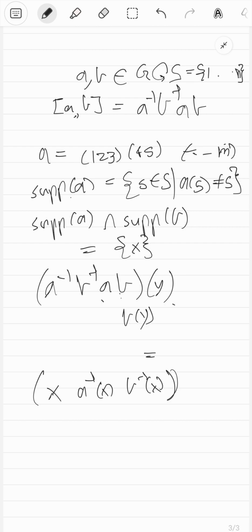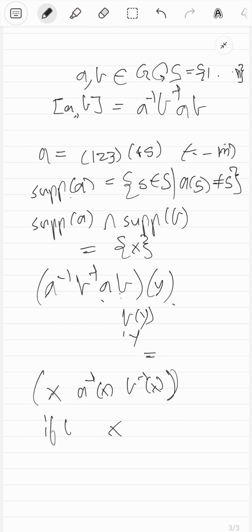Well, if y is not in the support of b, then you just have y over there. If it is, you have b of y. Now clearly b of y cannot be in the support of a, because if it is, well, b of y itself is obviously in the support of b, so it's in the support of both a and b, and that's violating something, right? Unless b of y is x, right?